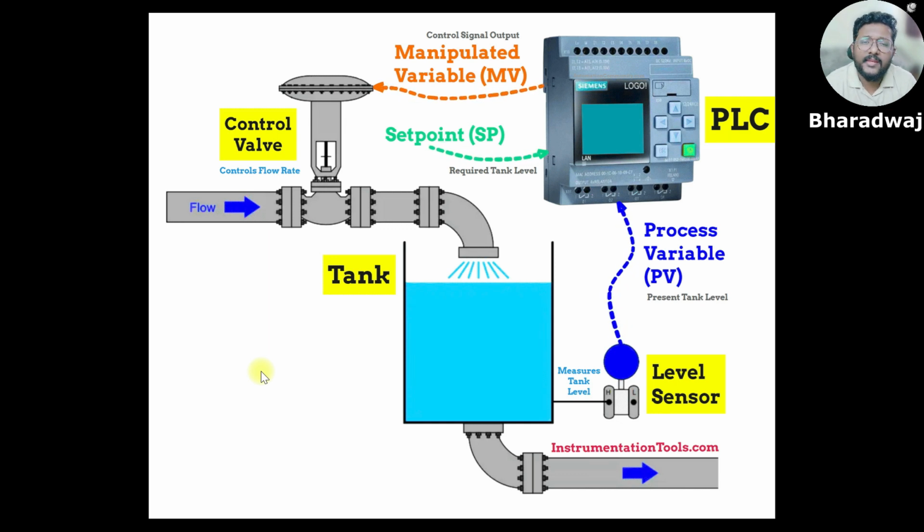There may be any type of controller, the concept will be the same. There will be one PV, one SP, and one MV parameter, and respective tuning or gain parameters. This is the basic level course which I am discussing here, so I am not going in depth about these parameters.